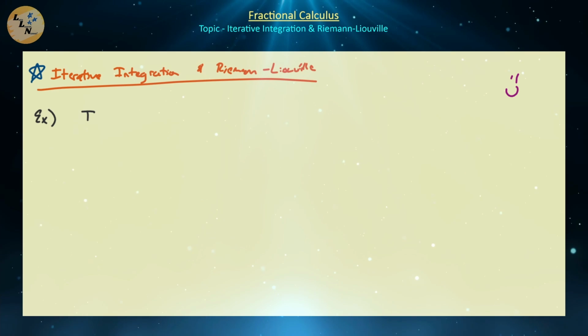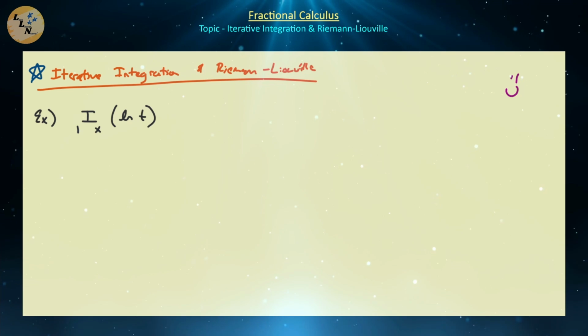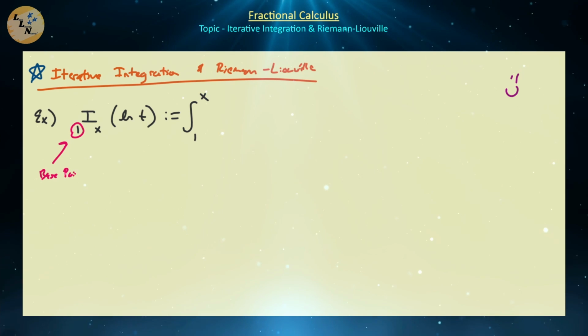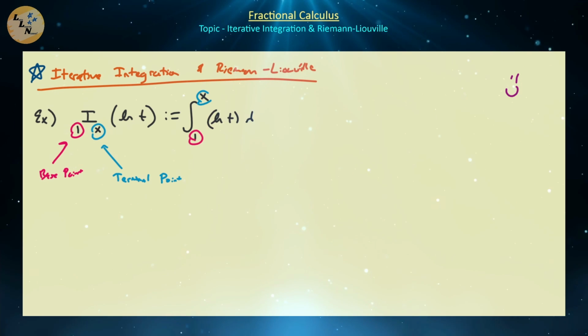I'm going to define the operator I_1^x of the function natural log of t to be equal to the integral from 1 to x. 1 is what we're going to refer to as a base point. x is going to be referred to as the terminal point of this integral operator I, and they're going to correspond to the lower and upper bounds of our integral. We're going to apply this operator to the function natural log of t, and then integrate with respect to t.